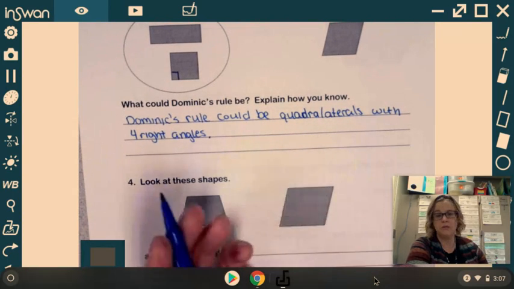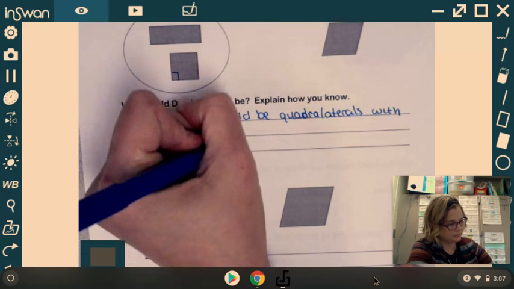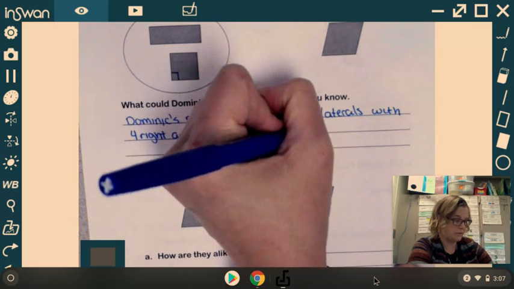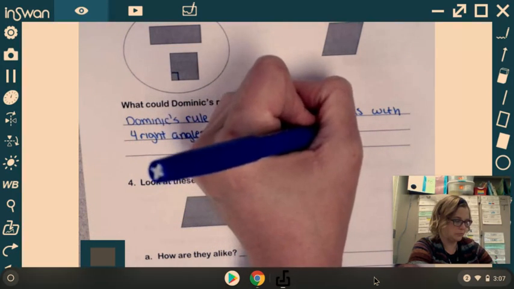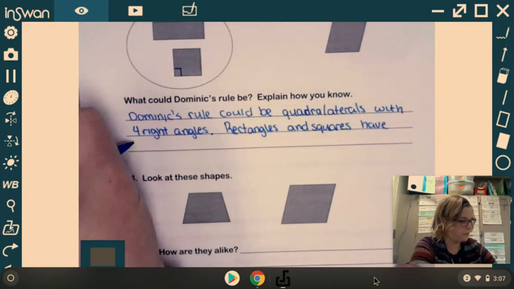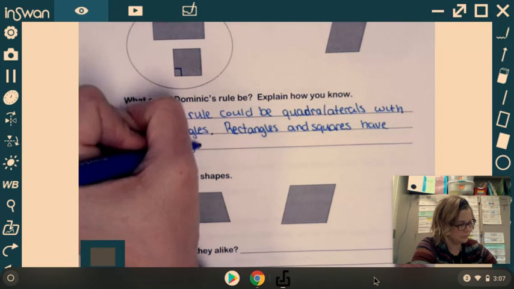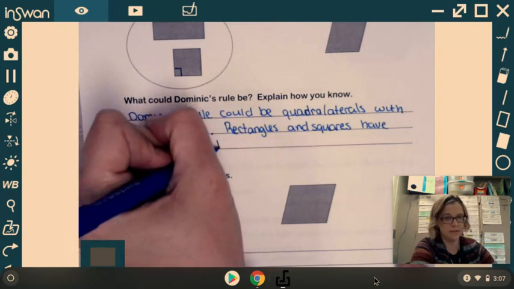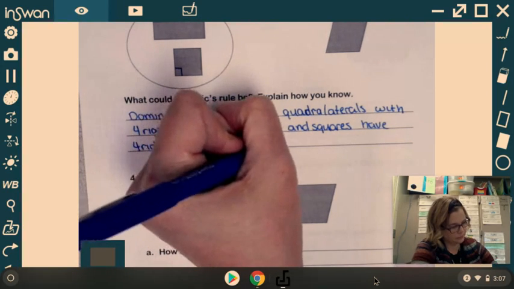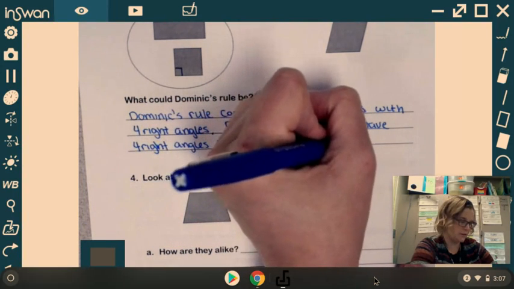Explain how you know. Well, rectangles and squares have 4 right angles, but a parallelogram does not.